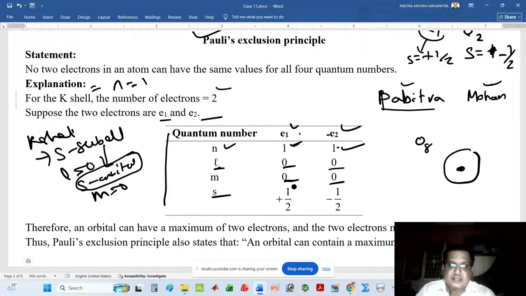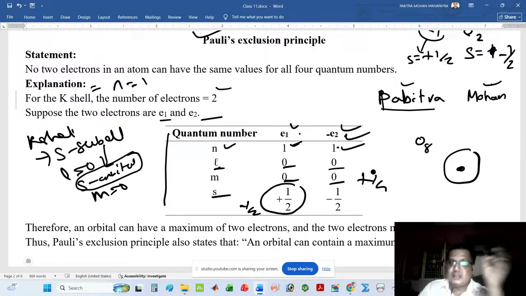If for E1 it is plus half, then it is compulsory to take s equal to minus half for E2. If you take s equal to minus half for E1, then for E2 it is compulsory to take s equal to plus half. Otherwise it cannot be possible, because we know that in an orbital a maximum of two electrons are present and the two electrons spin in opposite directions.